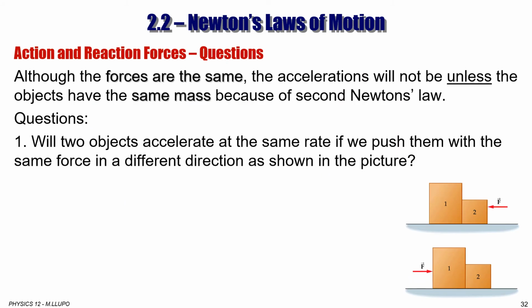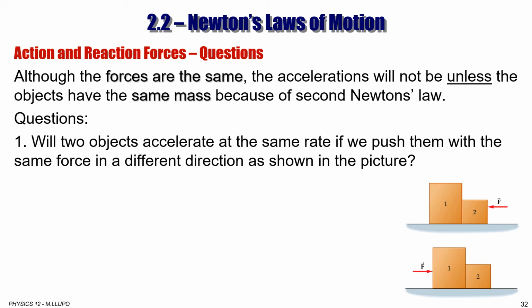In the skater example, when two skaters are pushing each other, or one skater is pushing the other and as a reaction is being pushed back, we know that although the forces are the same, the accelerations will not be the same unless the objects have the same mass, because of Newton's second law. Here is a question.